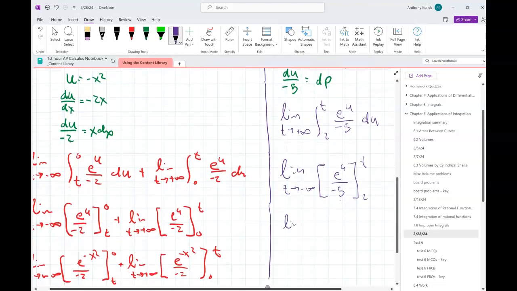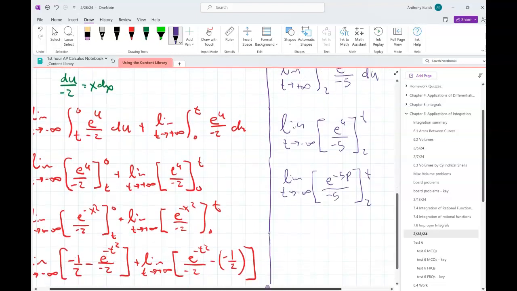Now we've got to plug our bound back in, since we didn't change our bound. Won't really matter here. Well, I guess it will because of the stuff. Anyways, so we do that. And now we finish doing our definite integral. So we'll plug t in for p, and then plug 2 in for p.